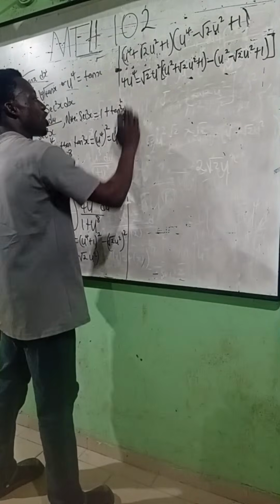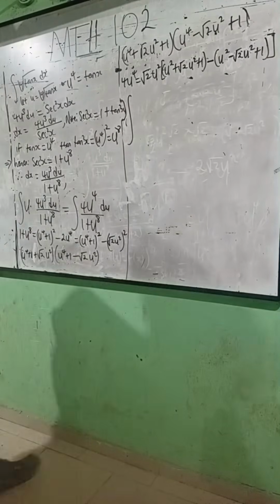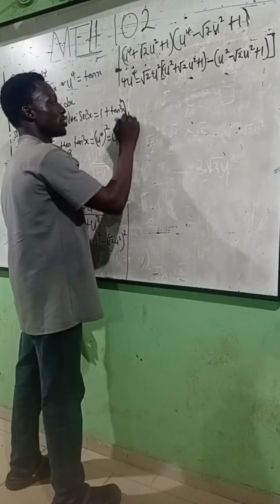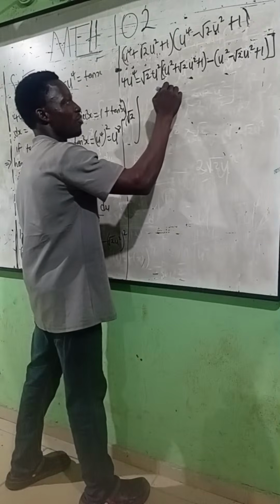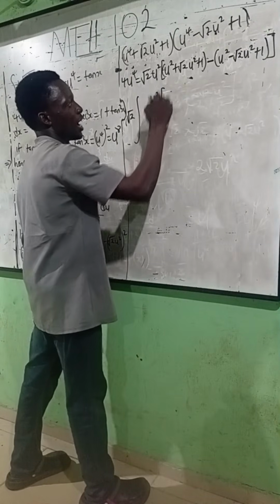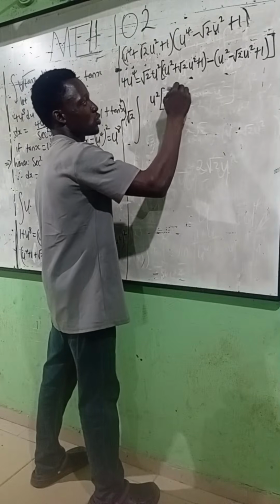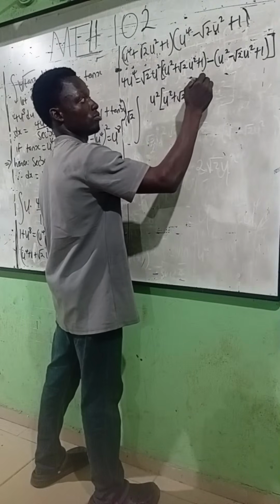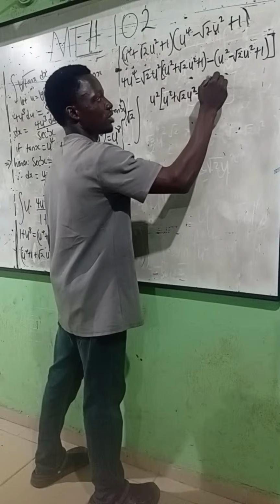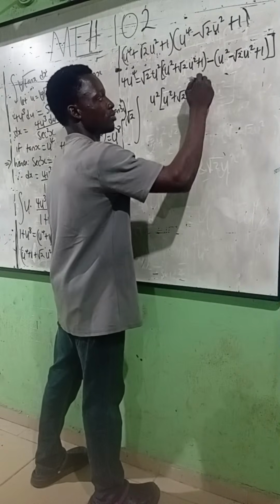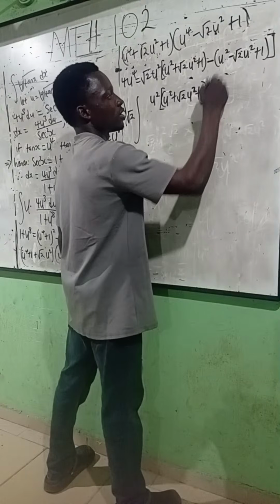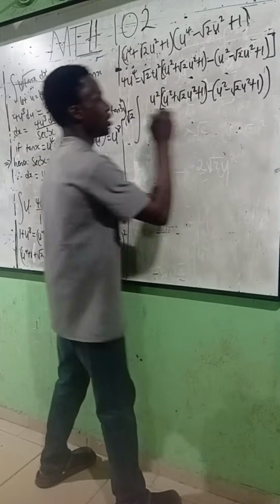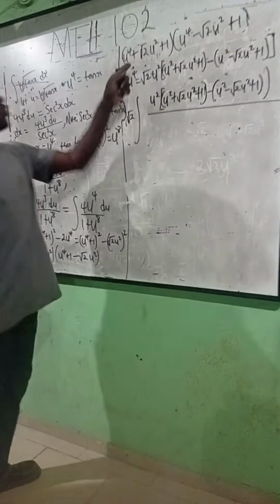So the question now becomes the integral of, now instead of 4u^4, what do we write? Root 2, right? And since root 2 is a constant, let's bring it out. So you now have u^2 times (u^2 plus root 2 u^2 plus 1, minus, u^2 minus root 2 u^2 plus 1) over 1 plus u^8.